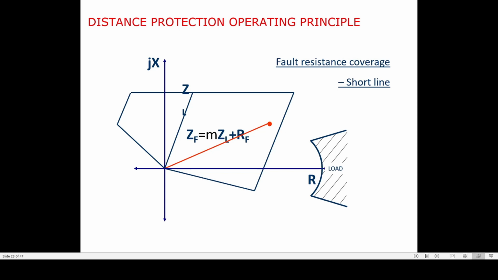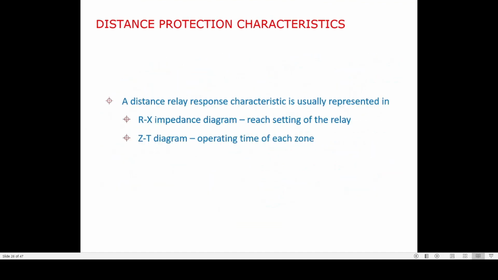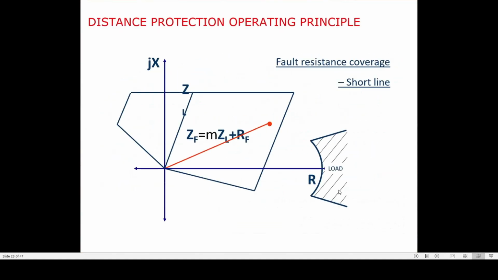If the voltage magnitude is not deviating much, then due to the increase in current, the impedance measured by the relay will keep on decreasing, and it might happen that this load characteristic enters inside the relay characteristic for some higher magnitude of load current.